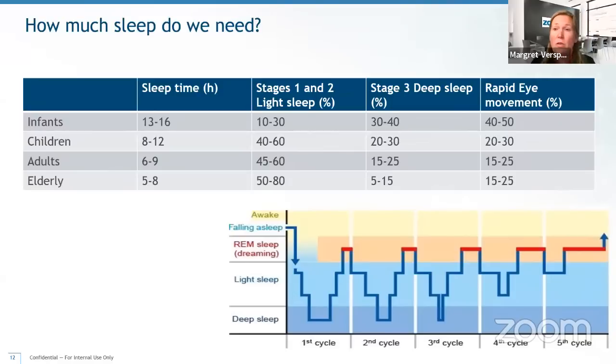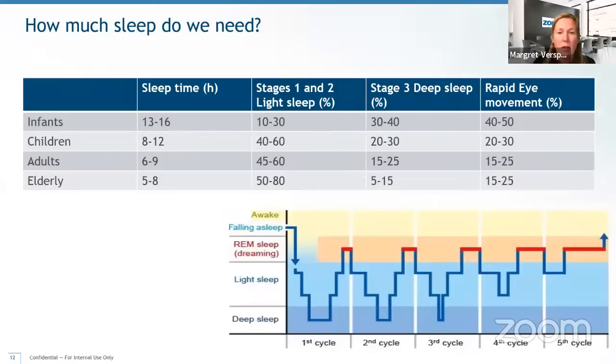So how does sleep look? Here I show you what is called a hypnogram, a schematic overview of how we sleep in one night. When we take, for example, 8 hours, we can see that sleep is a cyclic process.